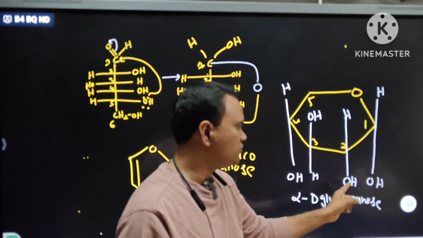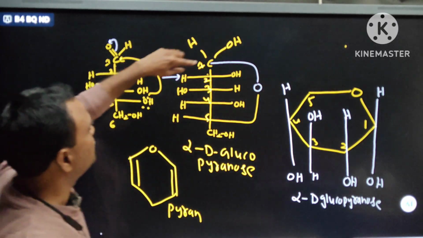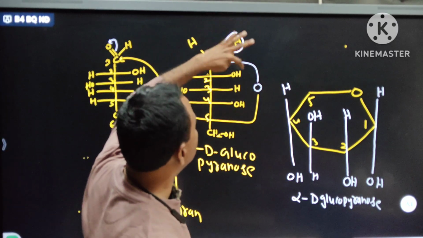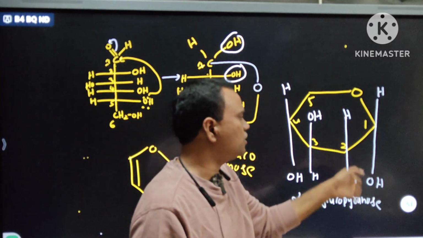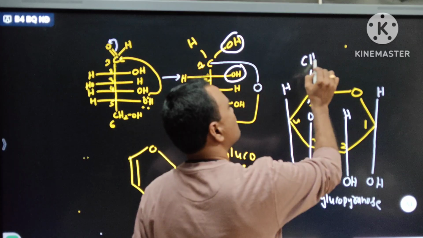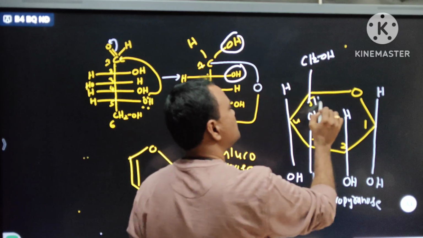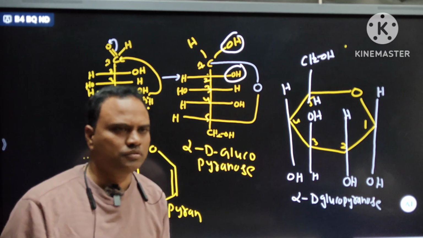Where are they? These two are on the right side, no? So down, down, down, down. At the fifth carbon, CH2OH and H. Clear? No doubt.